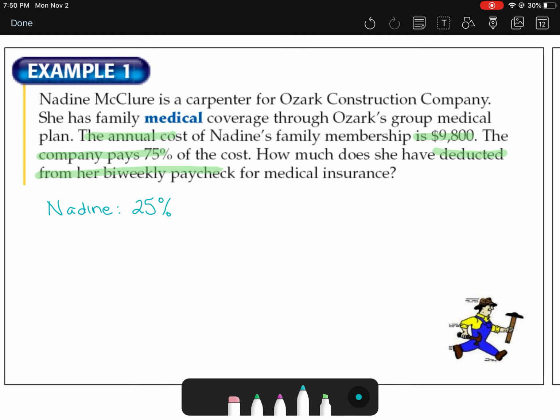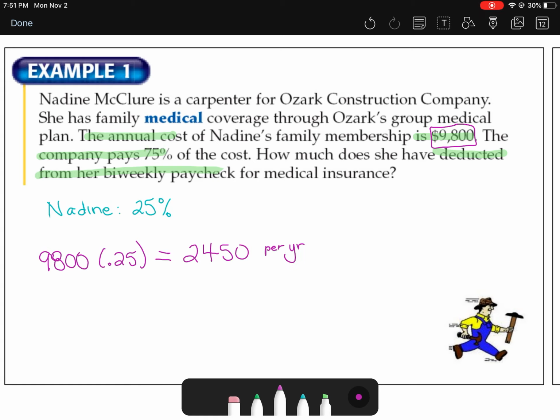We know it costs $9,800 for the year, so I take $9,800 times 25% to figure out how much Nadine pays. Multiplying, I get $2,450, and again, this is per year.